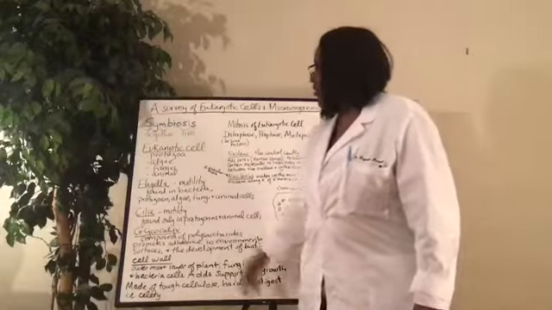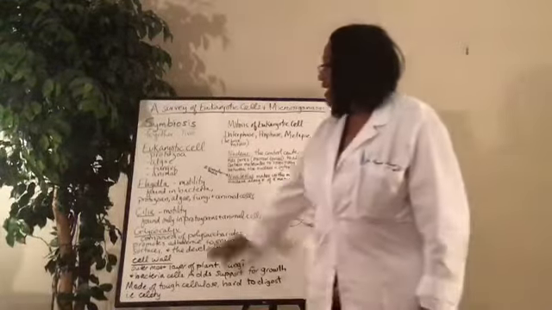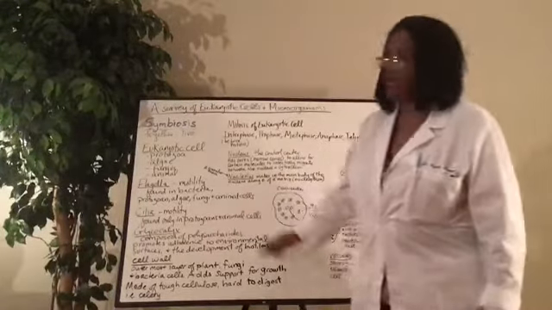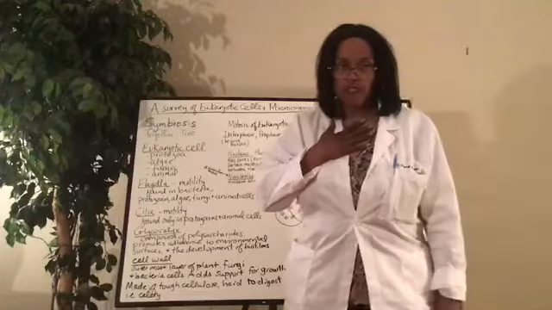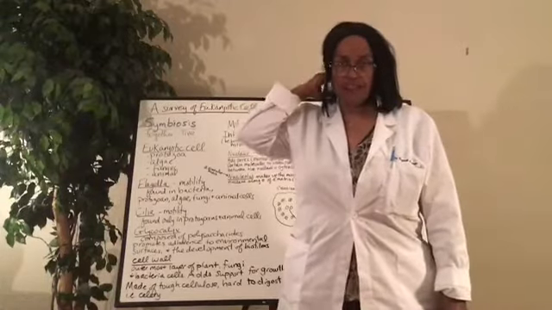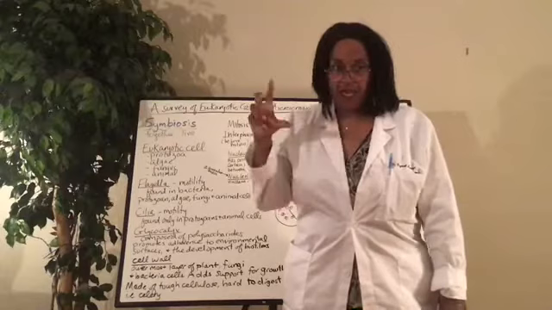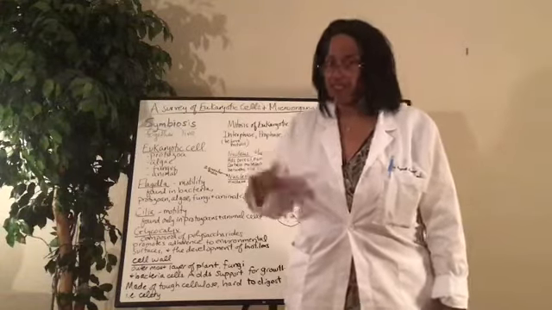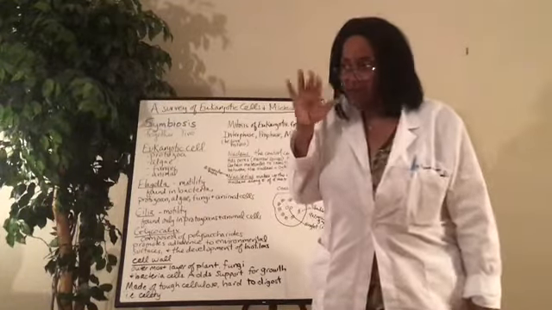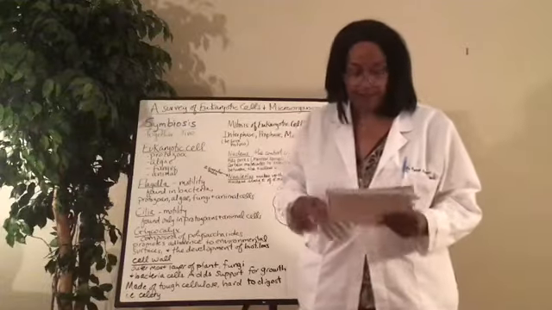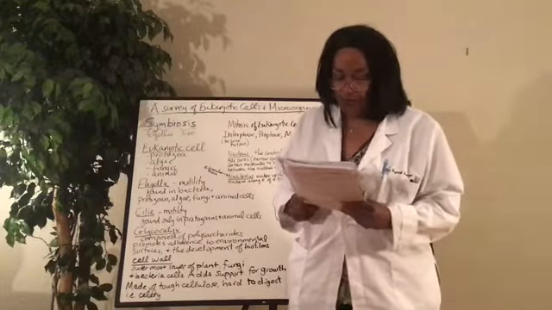Cilia also is for motility, and that's found only in protozoans and animal cells. And in humans, we have cilia in our respiratory system and in our reproductive systems, little tiny hairs that beat to and fro, right?